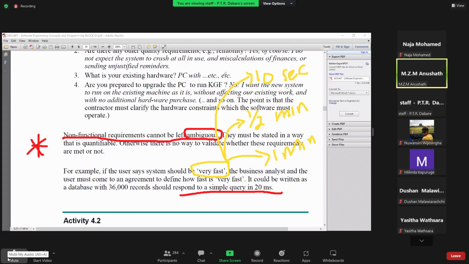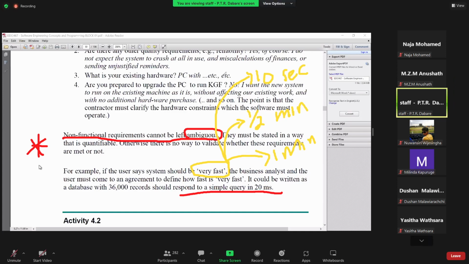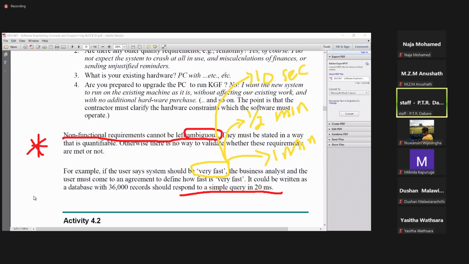Yes, it depends on the person. Very fast for me may be half a minute, for another person 1 minute, for another 10 seconds. And another person might say, rather than going and waiting in the queue in the bank, I would prefer staying at least 10 minutes. That is very fast for that person.